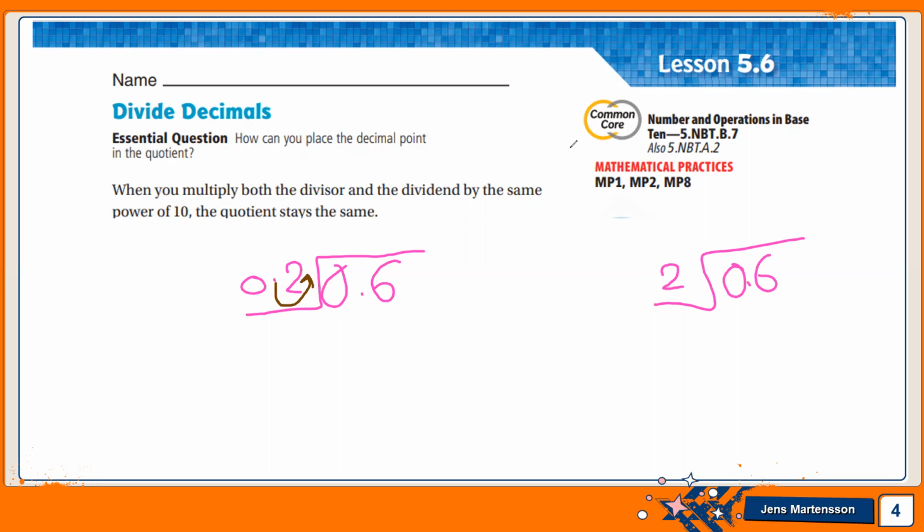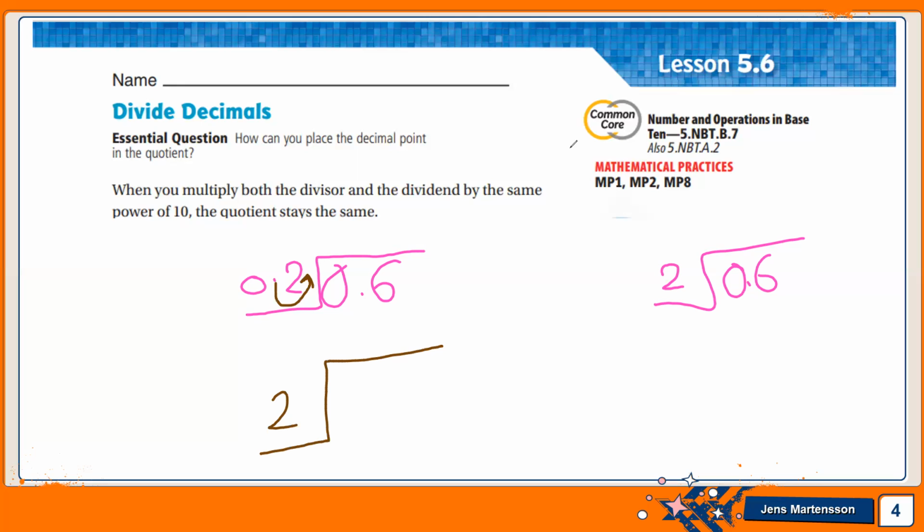So the first step, you will move the decimal point in the divisor in order to make it whole. If it is after one digit, move it one digit. If it is after two digits, move it 2 digits. Here, the decimal point is after one digit. So move it 1 digit, so it becomes 2.